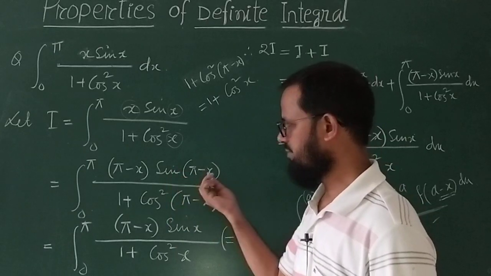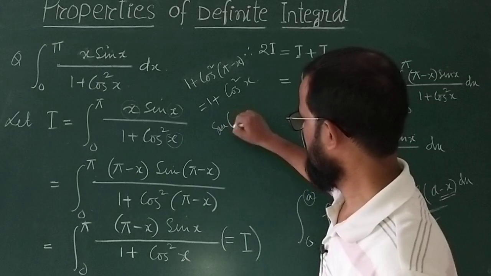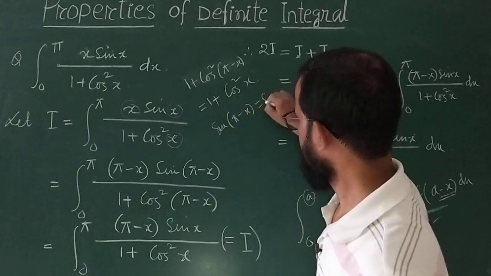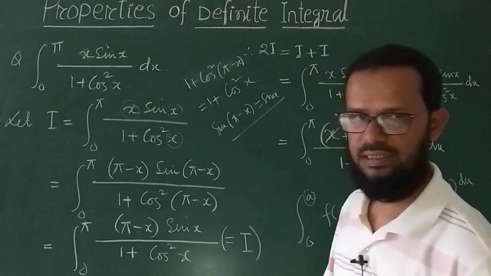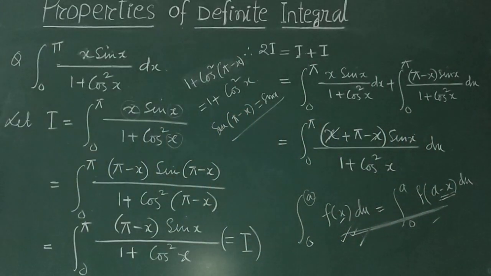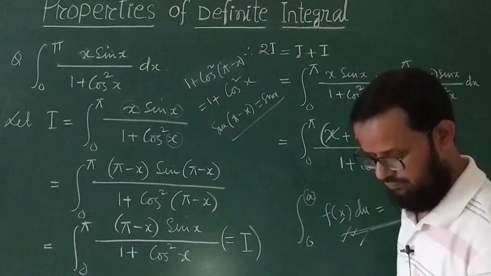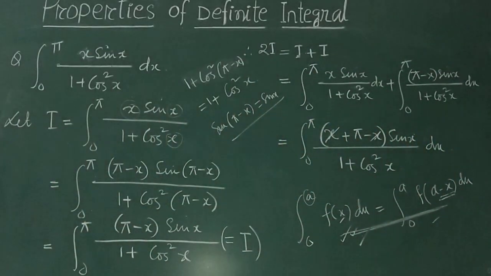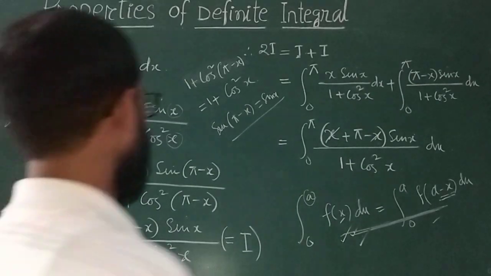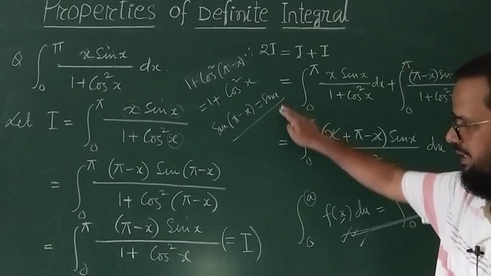Now you know sin pi minus x is equal to what? By the quadrant rule, sin pi minus x is equal to sin x.